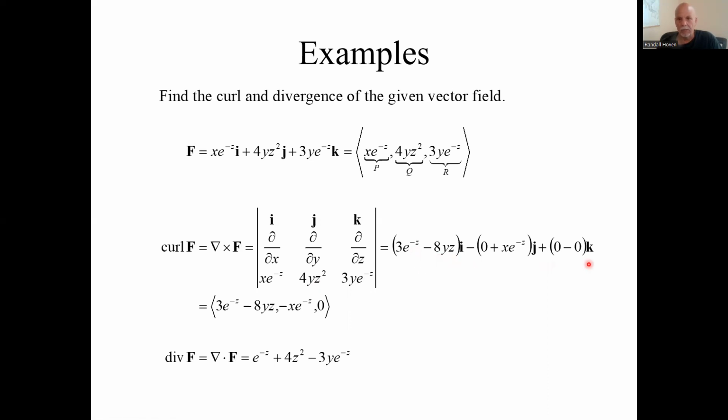I won't do the rest. There's the curl. Now for the divergence. This guy with respect to x, e to the minus z. This guy with respect to y, 4z squared. This guy with respect to z, minus 3y e to the minus z. And add it all up, that's the divergence.